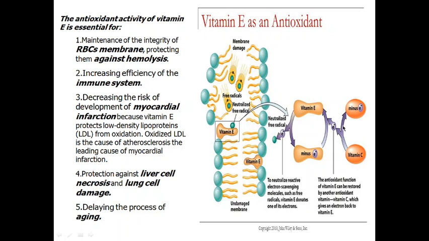Vitamin E will have less electron, and that can be reversible, and vitamin E can return back to the normal vitamin E, because vitamin E can be present in the oxidized form and in the reduced form, as we will see later on.